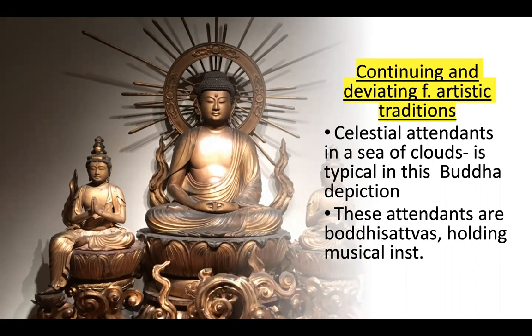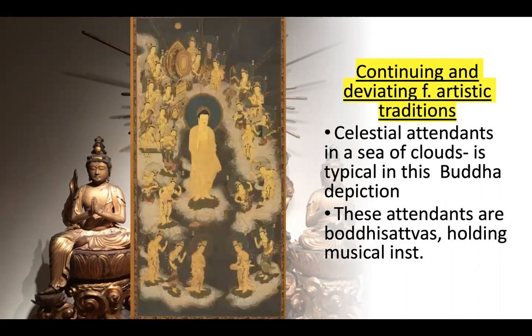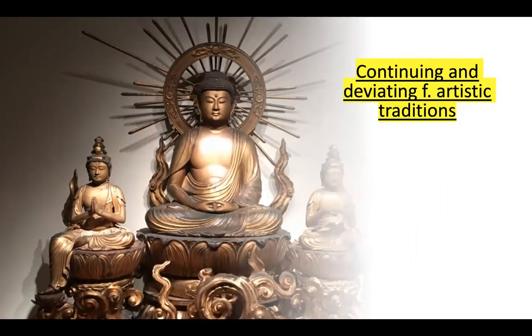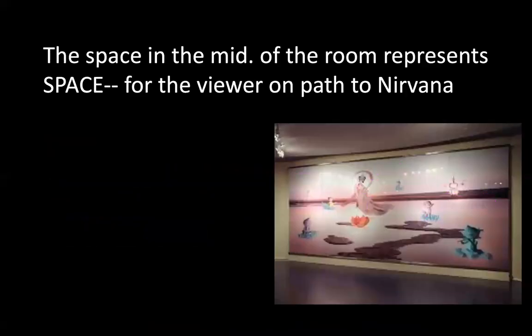They're not holding musical instruments here, but if you look at other depictions of Bodhisattvas, you can see they're standing on these floating clouds, and they're holding musical instruments. They also all have that circular halo that goes around them. If you look back, there you go, the circular halo, circular halo, circular halo.